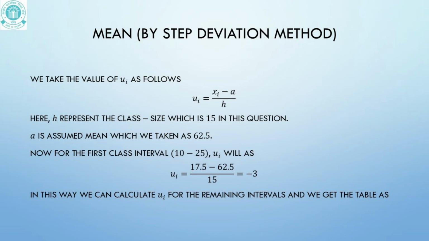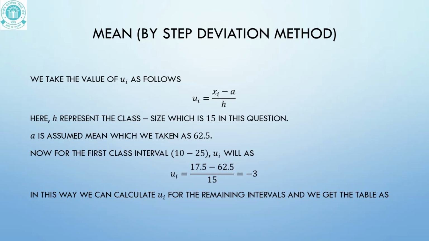We take the value of ui as follows. Ui equals xi minus A divided by h. Here, h represents the class size, which is 15 in this question. A is the assumed mean, which we have taken as 62.5.